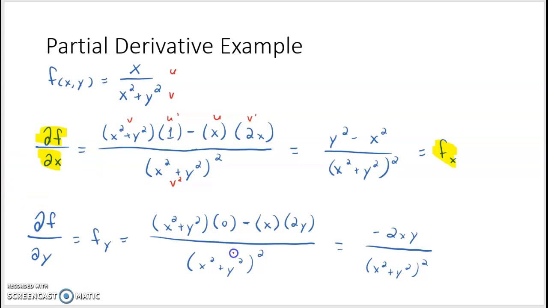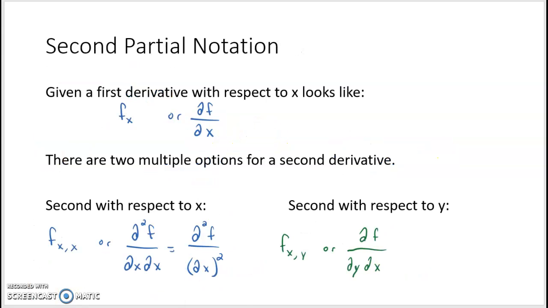So in that case, when I take the partial with respect to x, I get y squared minus x squared over x squared plus y squared all squared. And I can do the same thing at the bottom with the partial with respect to y. Some things cancel out, but I get the same idea. Okay, so let's do another one. So pause at any point if you need to take a look at what's going on.